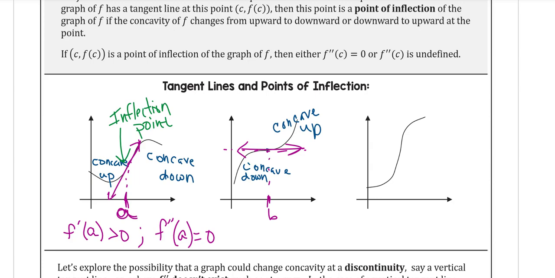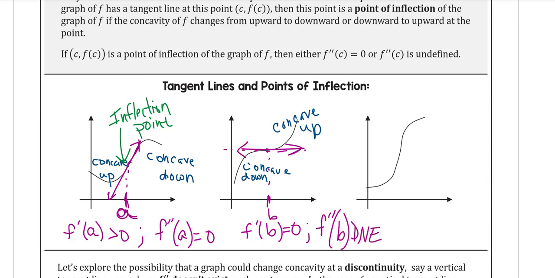And f prime of b is equal to 0, but f double prime of b does not exist.